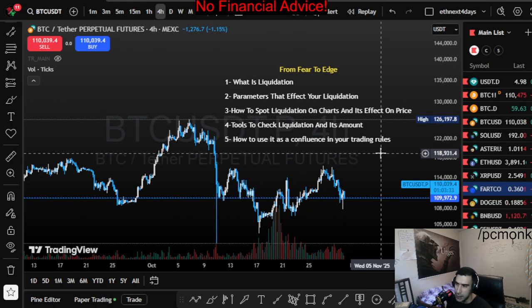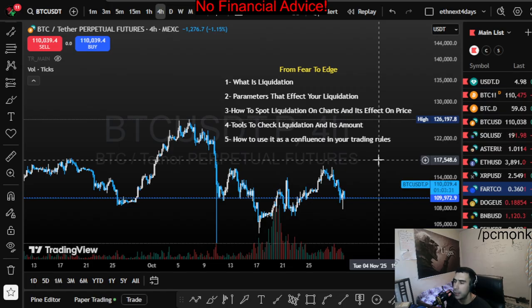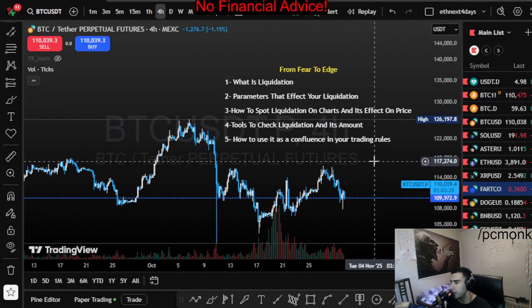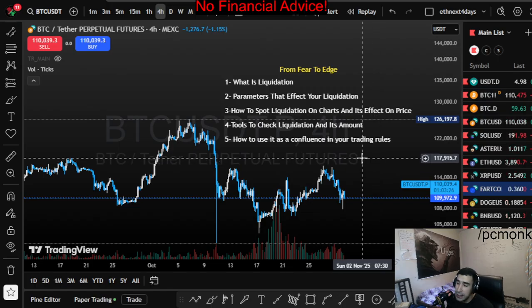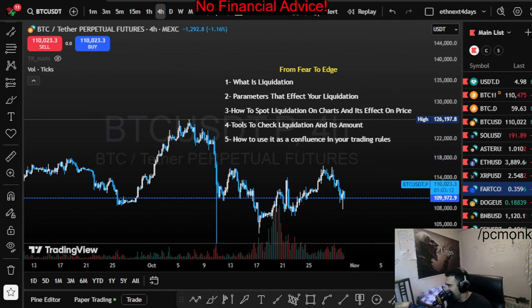So what is liquidation? Liquidation is when your position goes so far into negative that you don't have enough collateral to support it, and then the exchange forcibly closes your position, right? So that is basically liquidation. It's when you don't have enough funds to cover the negative as the price goes against you.